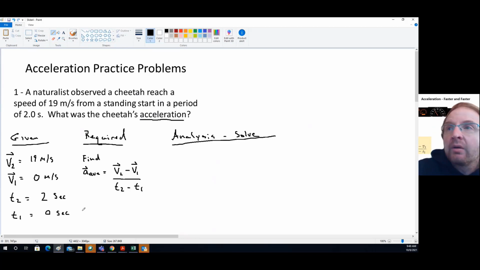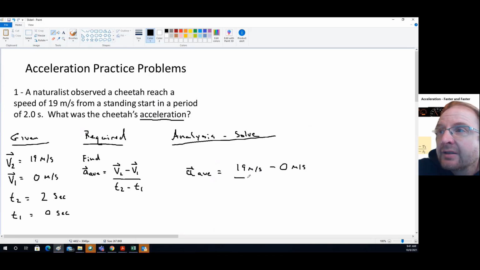Well, let's just do our analysis. That is indeed the formula that we require. Let's plug it in. Let's solve. 19 meters per second, subtract 0. Again, we do know in our head that's just 19.